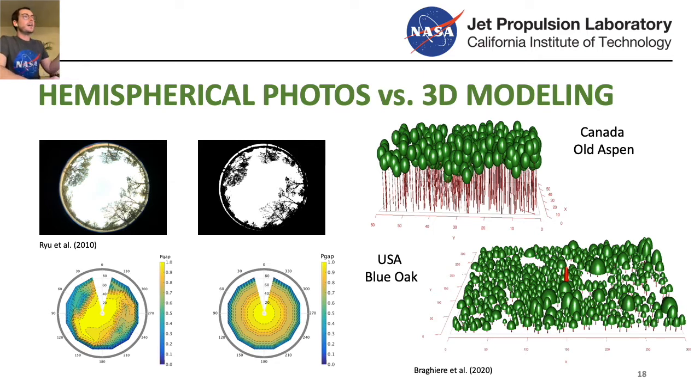For the 3D modeling, we did two different things. For the old Aspen site, there were dendrometry measurements, so people went to the field and measured each tree, the position of each tree and so on, in a 60 meters by 50 meters area.